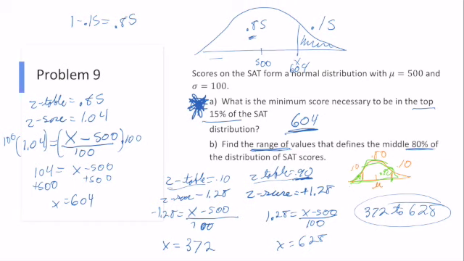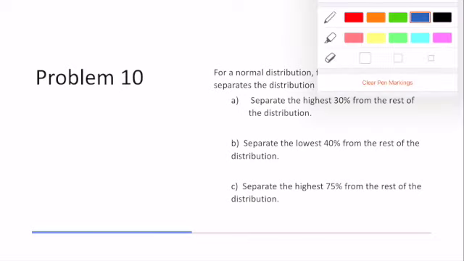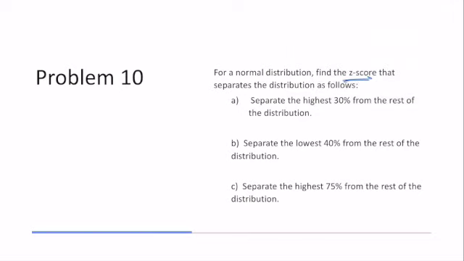Now, last but certainly not least, we've got problem 10, okay? For a normal distribution, I want to find a z-score that separates the distribution as follows. So all I want is a z-score here. I don't have to solve for a given data value. But for all of these, we're going to want to sketch it out. So I want to separate the highest 30% from the rest of the distribution.